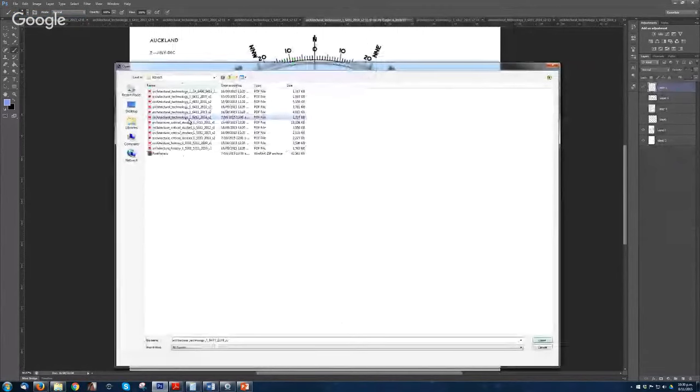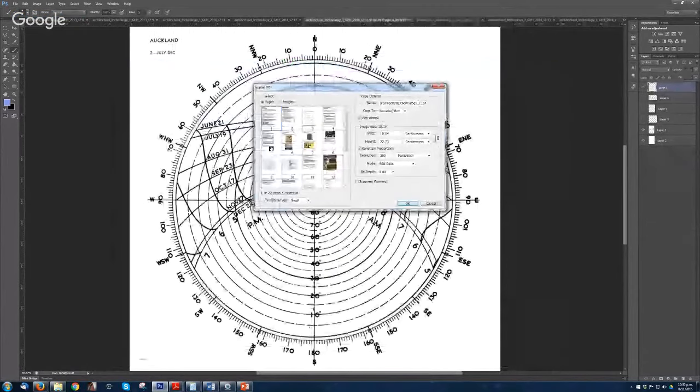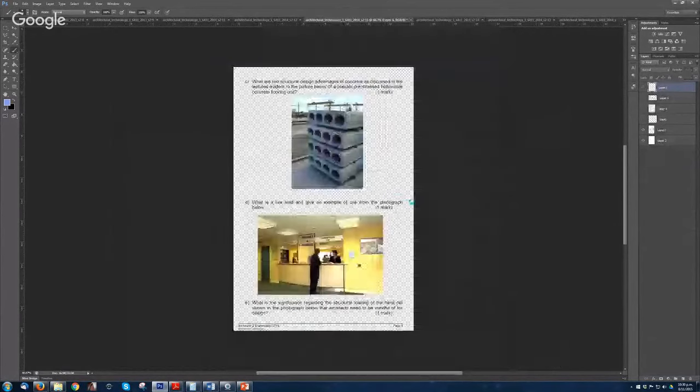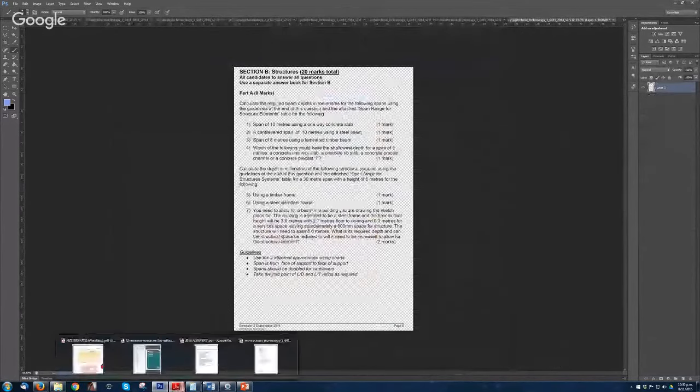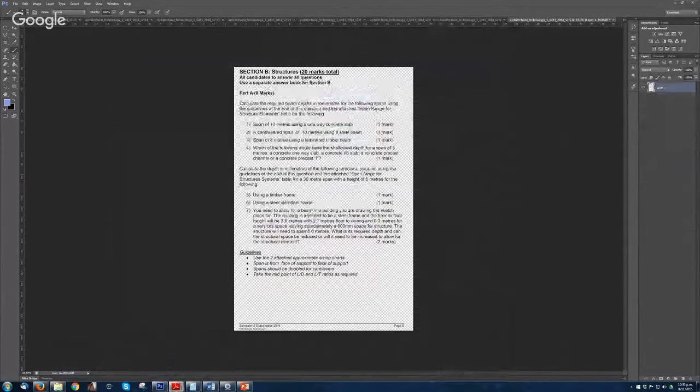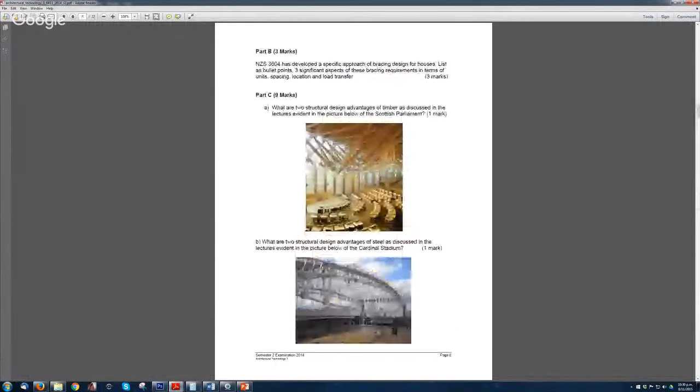Open. Oh, I should just use that one. So this one? Yep.